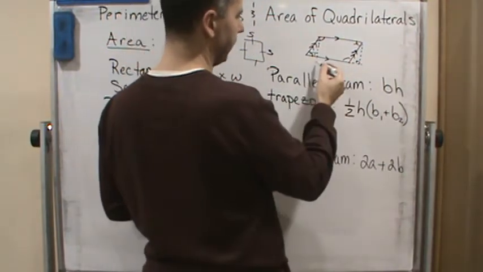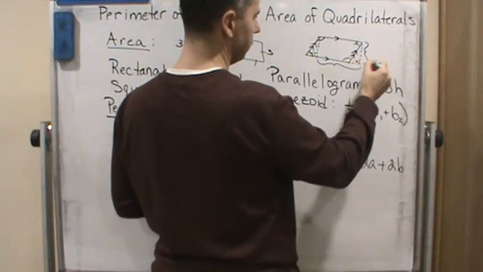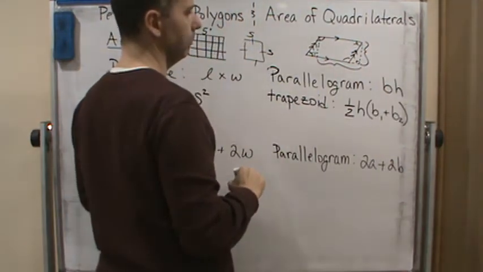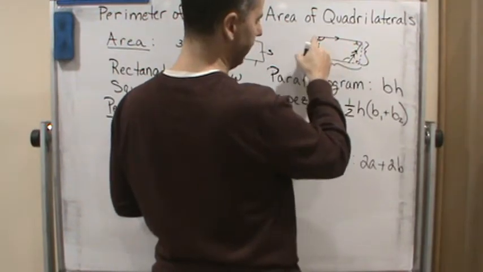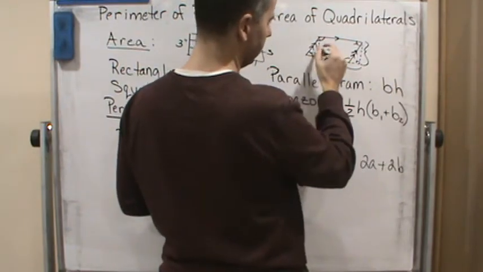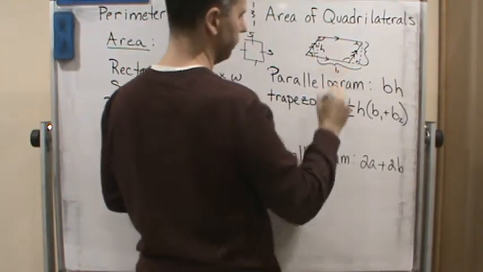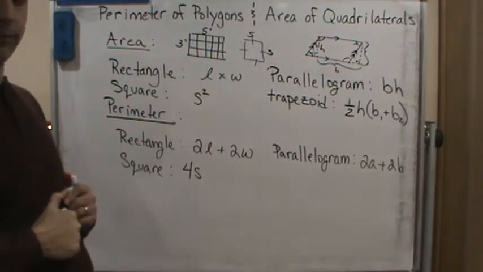And what do we end up getting? We end up getting a rectangle with a base equal to B, right? And the height, which is equal to H. And so we get base times height, which again is the same formula for a rectangle.